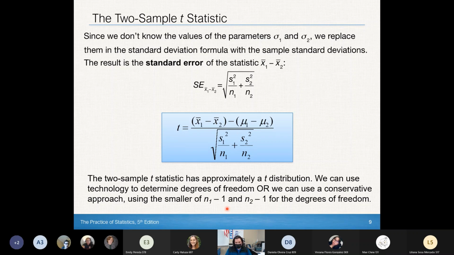Or you can use technology. And we'll show how to use the calculator to do these calculations and get the t statistic value and the p value and all those things for significance tests and confidence intervals. We can use our calculator to get these, and it will give us what the degrees of freedom is, but it'll give us all the other stuff we need too.